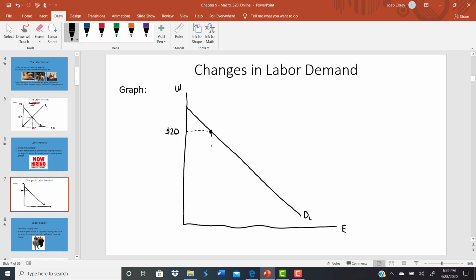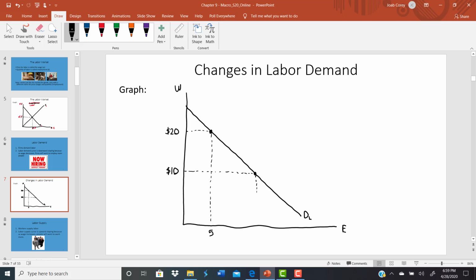Well, again, if you're out there making the call when it comes to hiring somebody, and you know that you've got to pay them $20 an hour, you might only be willing to hire, say, 5 people at that wage. Or if you want to think of it, you might only be willing to hire somebody for, say, 5 hours at that wage, right? Whereas if the wage was lower, say $10 an hour, you might be more inclined to hire more people or hire somebody for a longer period of time.